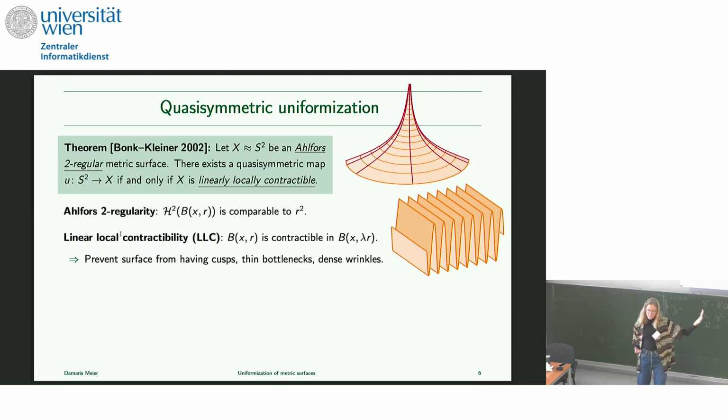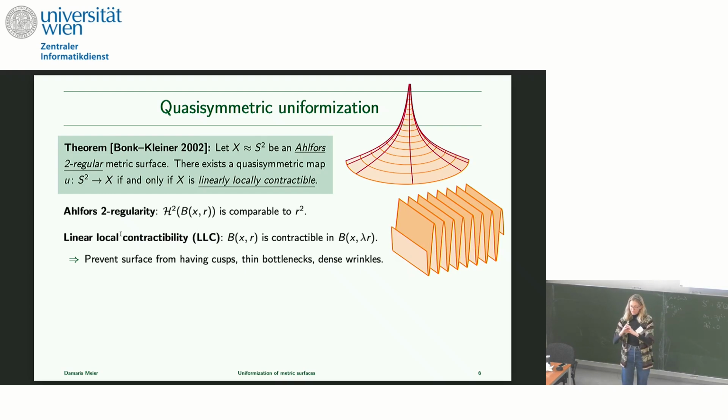The Ahlfors 2-regularity means that the Hausdorff measure of a ball behaves like r squared. So somehow the area of the surface is a little bit like r squared in some sense.